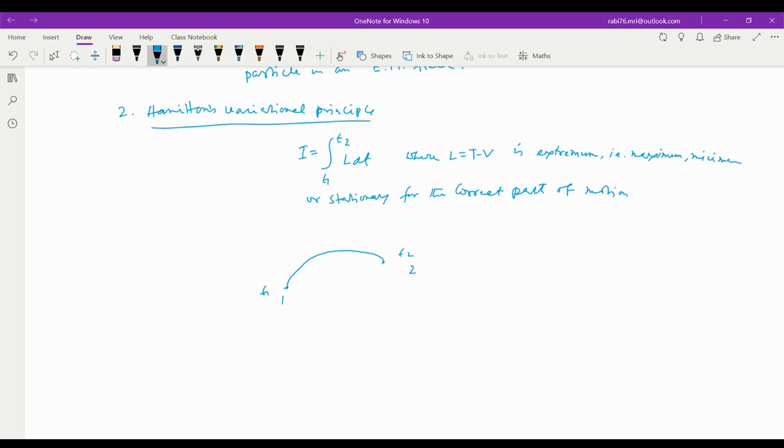This is one path, this is another path, a straight line path, and maybe a crooked path like this. Say this is A, this is B, this is C, this is D. There are different paths. Then which path the particle will take will be determined by this integral. This integral has to be either a maximum or a minimum or a fixed value. Fixed value means whatever path you choose, this integral is constant, right?